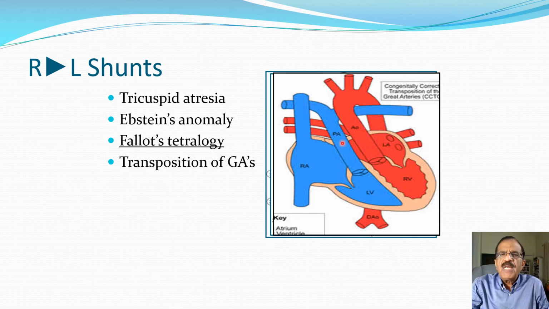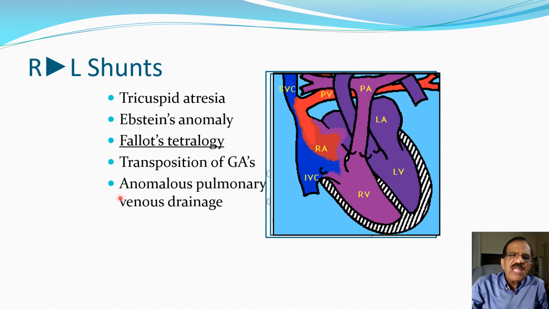So the pulmonary artery arises from the left ventricle and the aorta arises from the right ventricle. So of course, if things are opposite, oxygenation cannot occur, and again there is cyanotic heart disease. Similarly, there is anomalous pulmonary venous drainage. In this case, the veins are attached to the wrong atria.